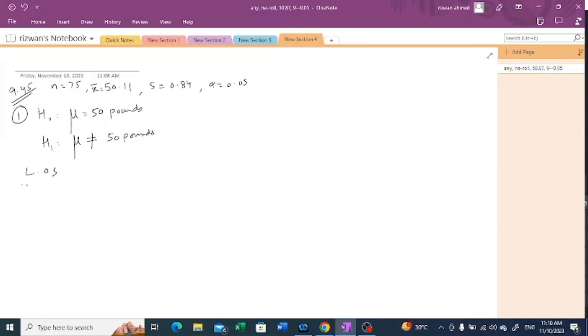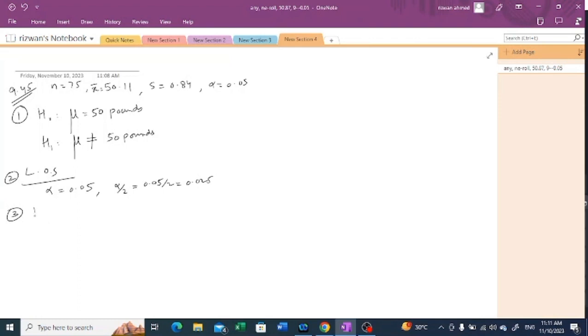For that reason, in the level of significance step, we first mention the alpha value. Since this is a two-tailed test, the given significance level of 0.05 should be assigned equally to the two tail end zones. So alpha by 2 would be 0.05 by 2, which gives you 0.025.